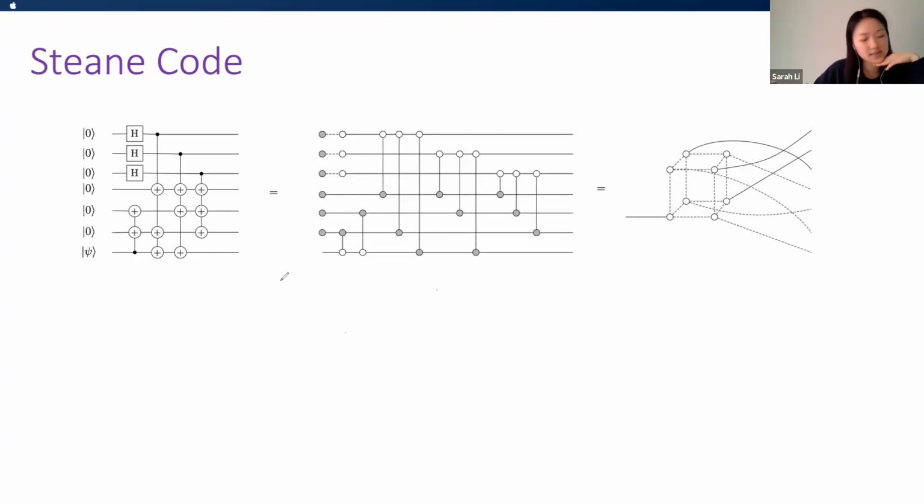Oh, I see. Okay, that's very helpful. Thank you. I think now I understand what you're talking about with the change of basis. It's strange when you perform the basis change for the hardware. The logical X and the logical Z will interchange.